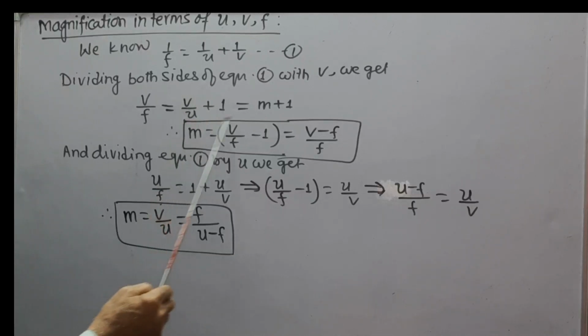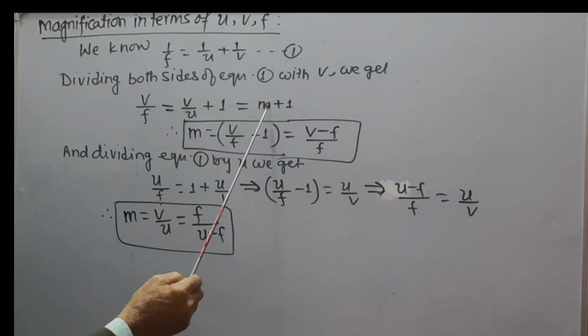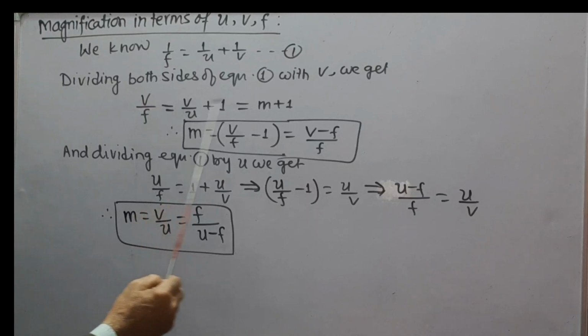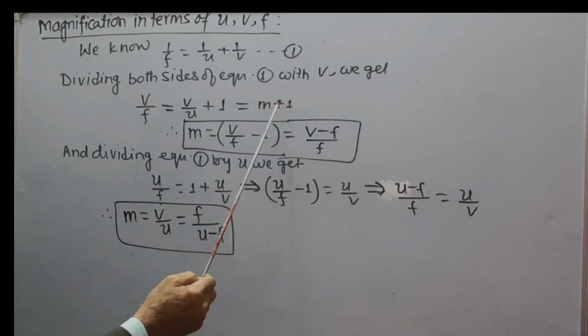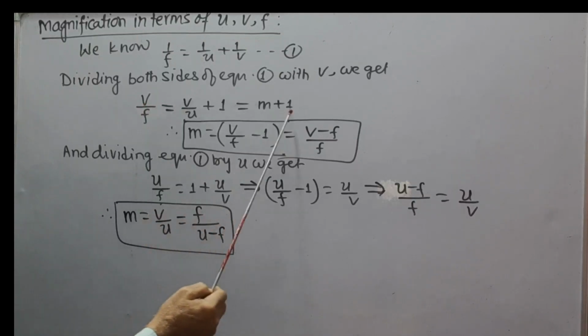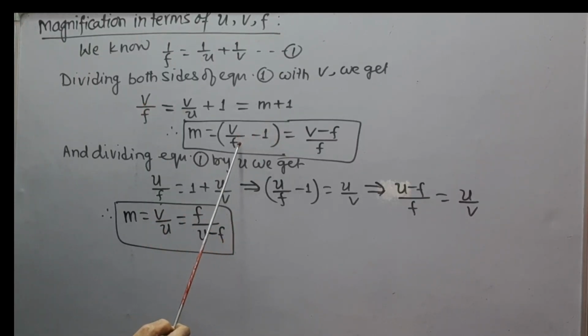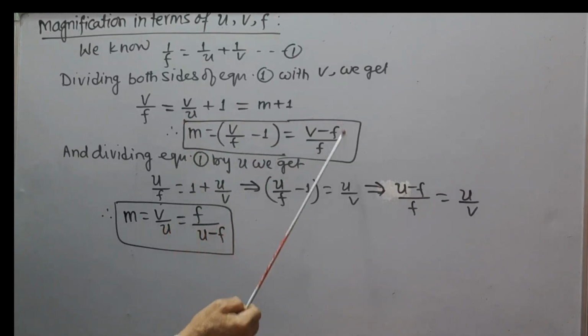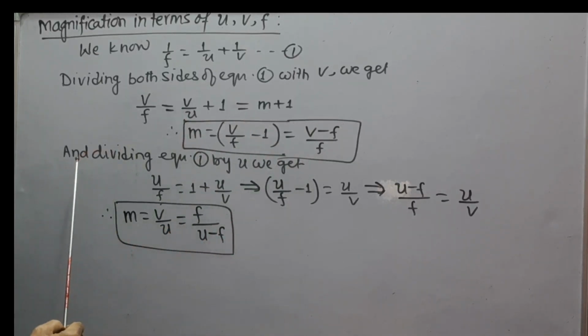V upon U can be replaced by magnification M. So, V upon F will be equal to M plus 1. M will be equal to V upon F minus 1. Taking F as LCM, it gives V minus F upon F. So, M is equal to V minus F upon F.